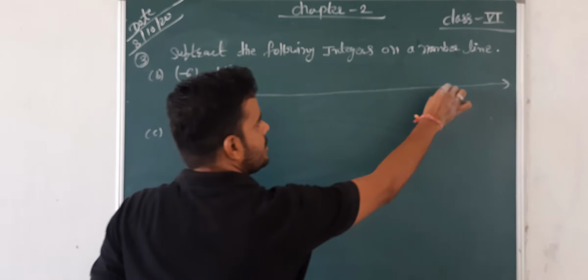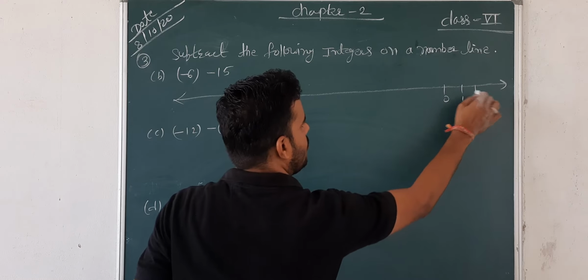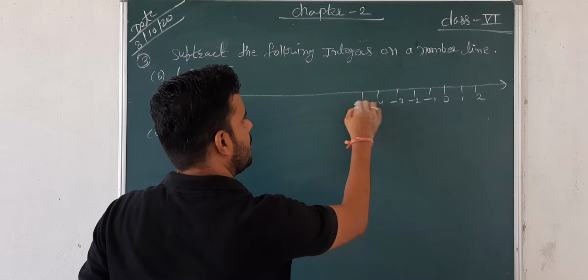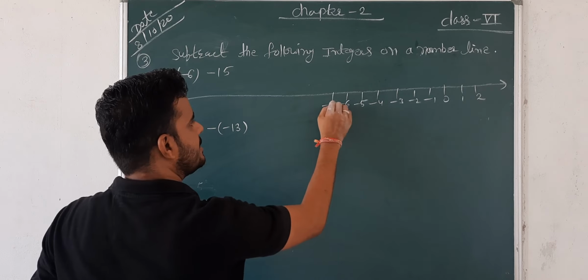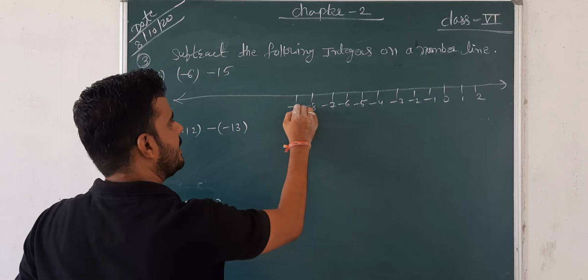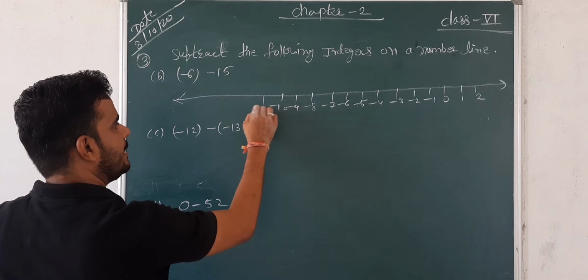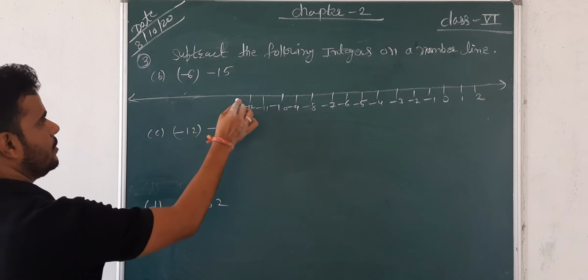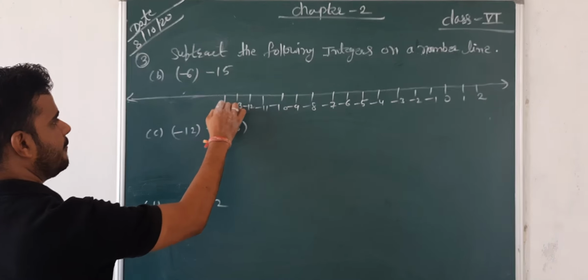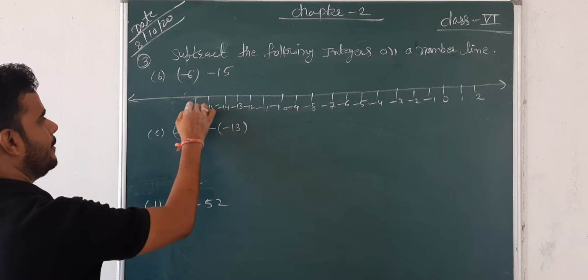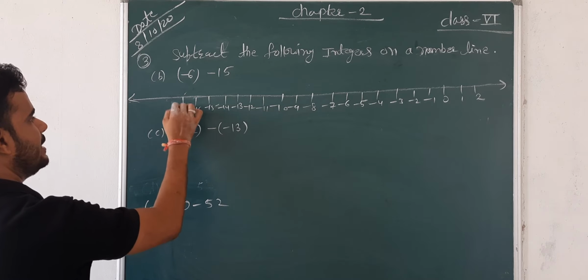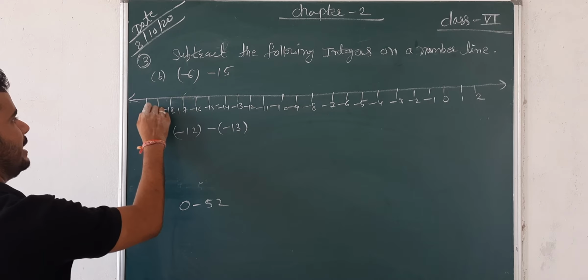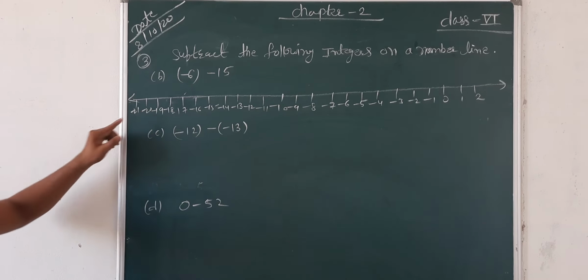Negative 6 is there. So 0, 1, 2. Negative 1, negative 2, negative 3, negative 4, negative 5, negative 6, negative 7, negative 8, negative 9, negative 10, negative 11, negative 12, negative 13, negative 14, negative 15, negative 16, negative 17, negative 18, negative 19, negative 20 and negative 21.